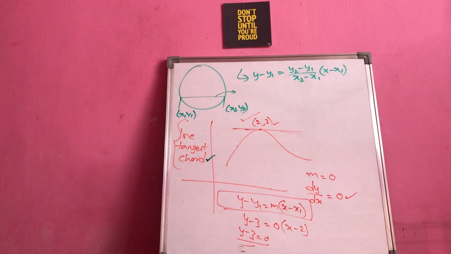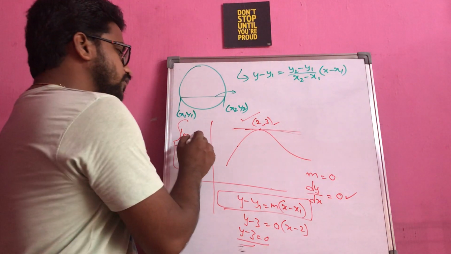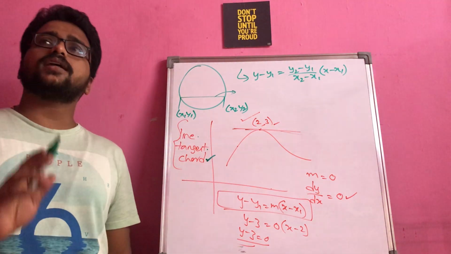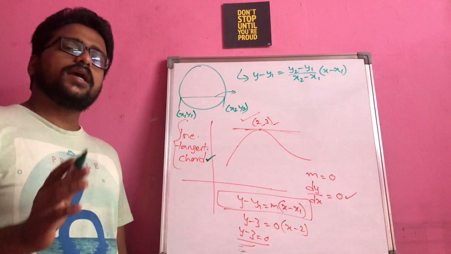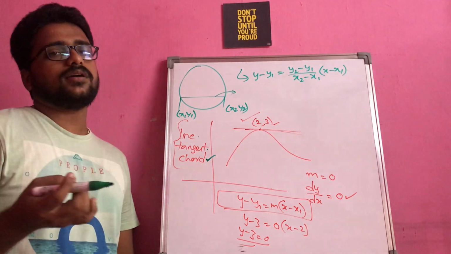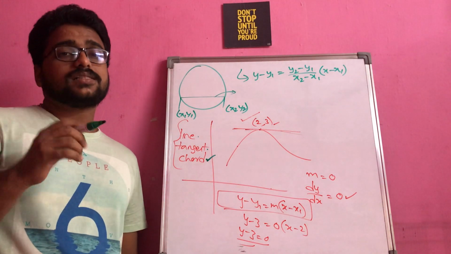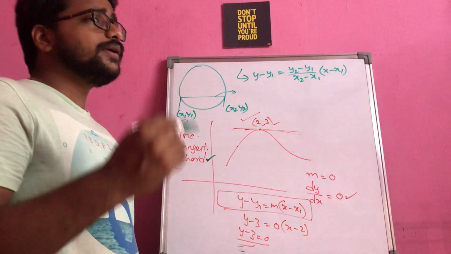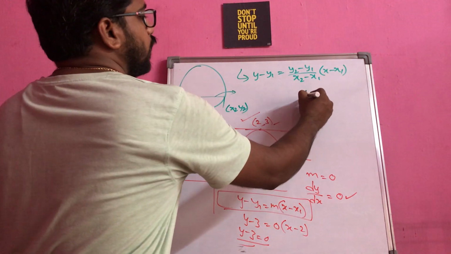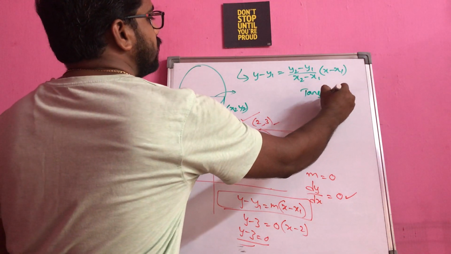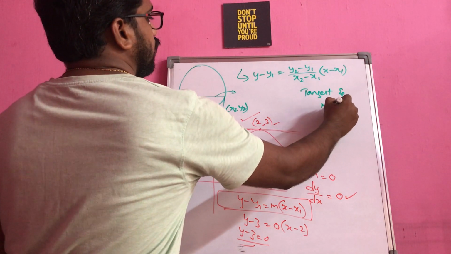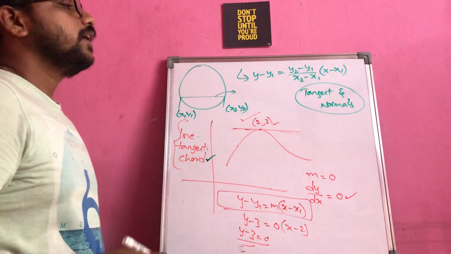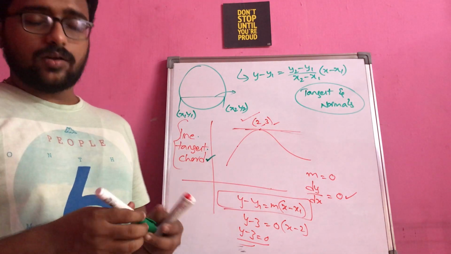So the important point you have to notice is that only the naming is different, but when it comes to finding the equation of any of these, you can use the basic formulations that you learned in the last class on the straight lines concept. So now coming to our concept, we are going to write that the application of derivatives is used to find the equation of tangents and normals.